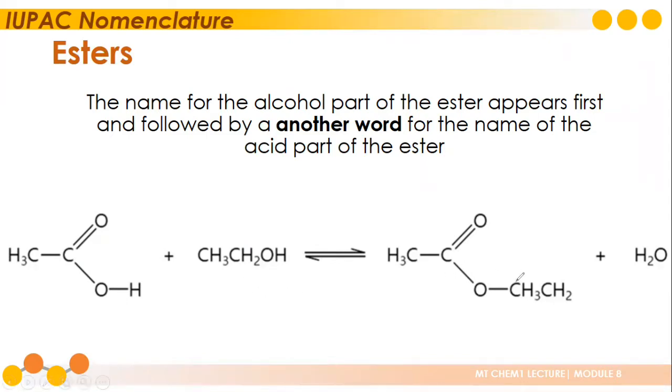Here is an example of a chemical reaction of esterification. We have our carboxylic acid and our alcohol, which produce the ester, the product, and water, the byproduct. So let's name them first.